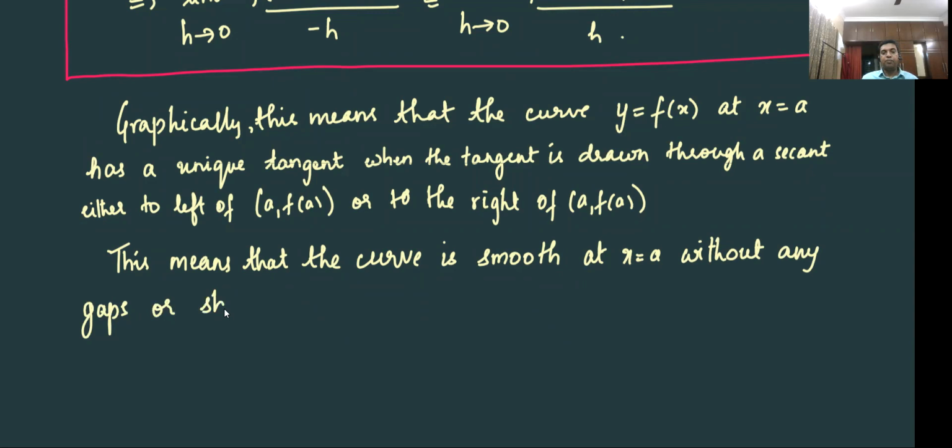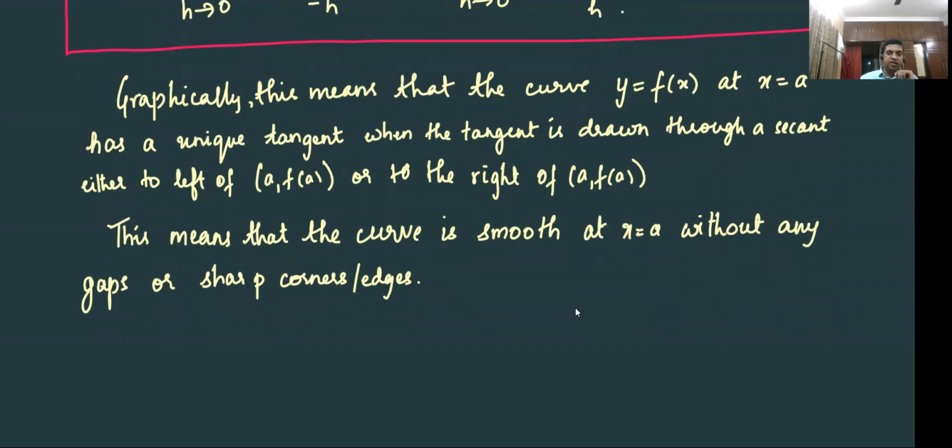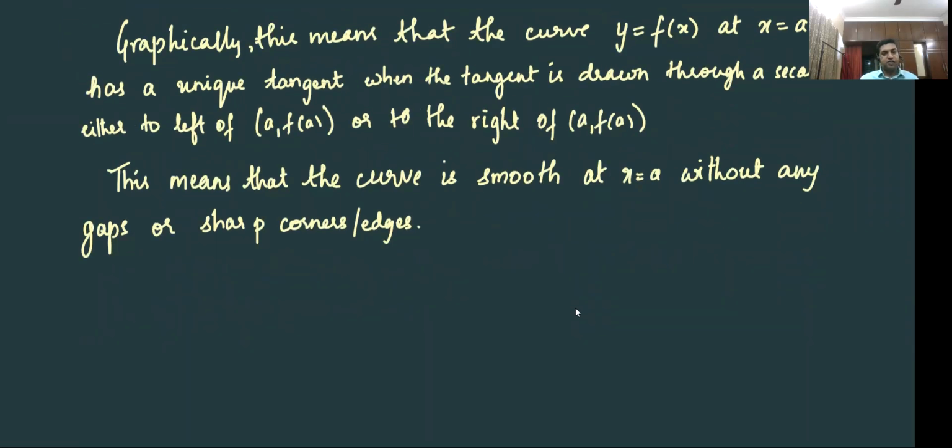This means that the curve is smooth at x equal to a without any gaps or sharp corners or edges.